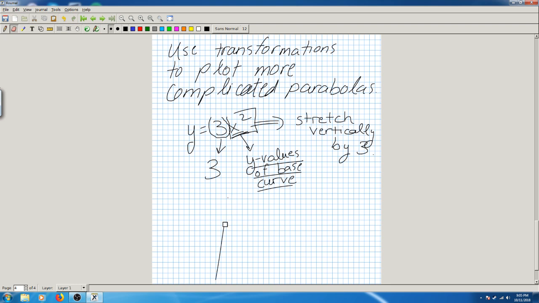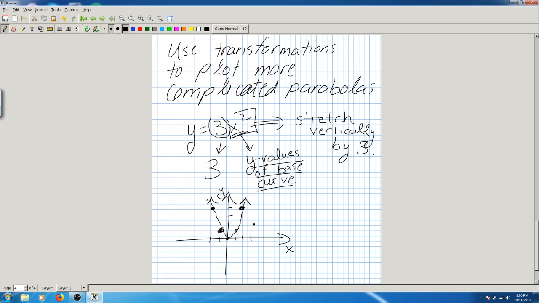So if I plot the base curve one more time, that is somewhat the base curve.